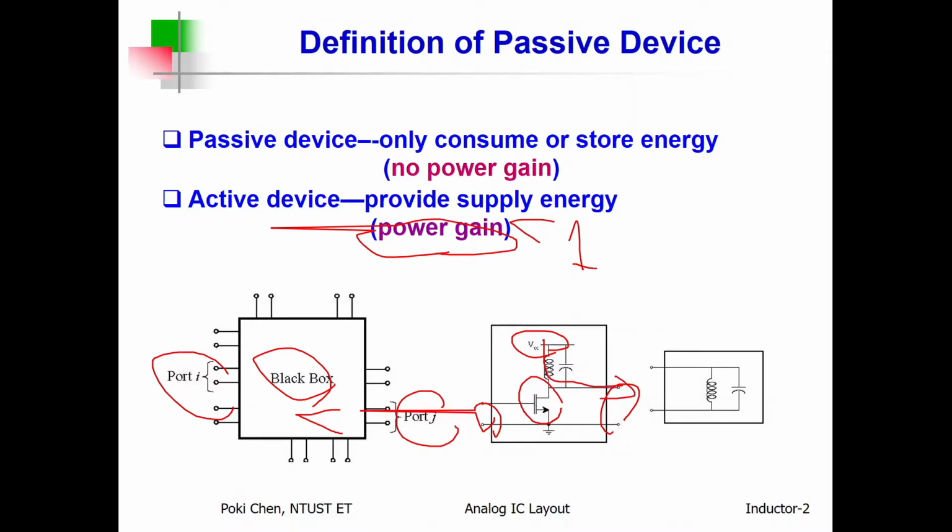In this way, the output power can be larger than input power to make it an active device. Unless it is a battery, if the output port and the input port are exactly the same, there's no way to get power gain larger than 1. Okay.